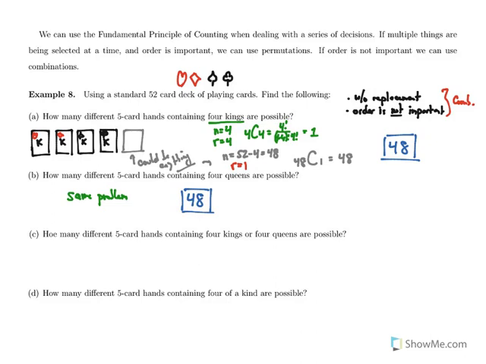All right, how many different 5-card hands containing 4 kings or 4 queens are possible? And here's an example where we're going to go back to our set theory ideas from a couple of videos ago.